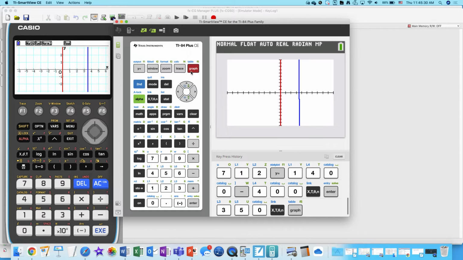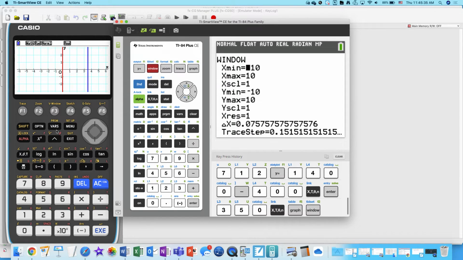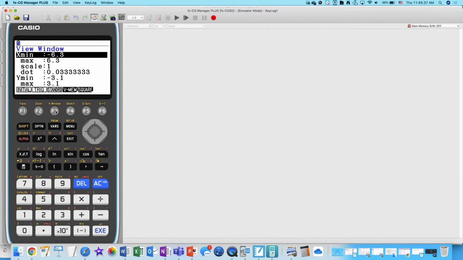So I'm going to go to window here, and I'm also going to go to window here. And I'm going to set my X min, the minimum amount of time is 0. And the max amount of time, let's overshoot a little bit, I'll make it 6. And the scale is still 1. Okay? Now y represents the distance, okay, from Ottawa.